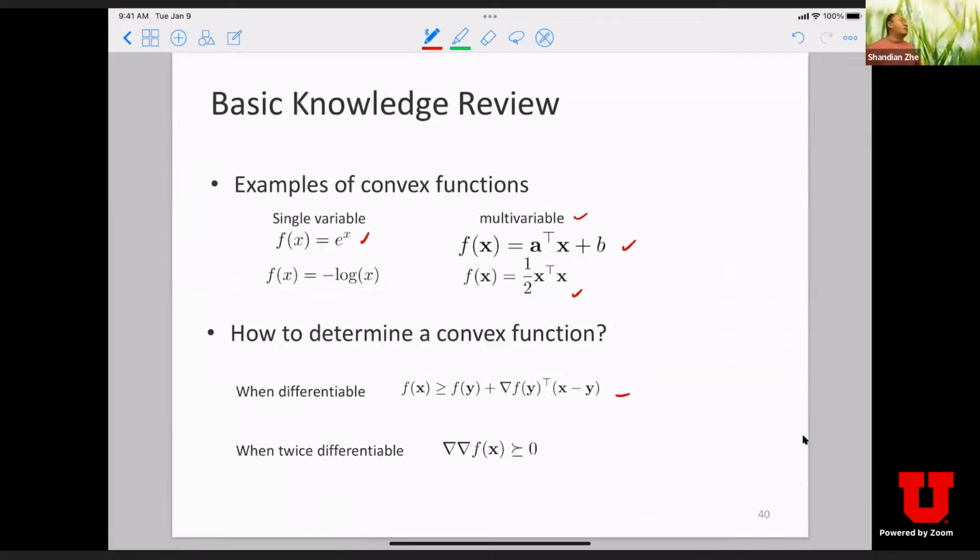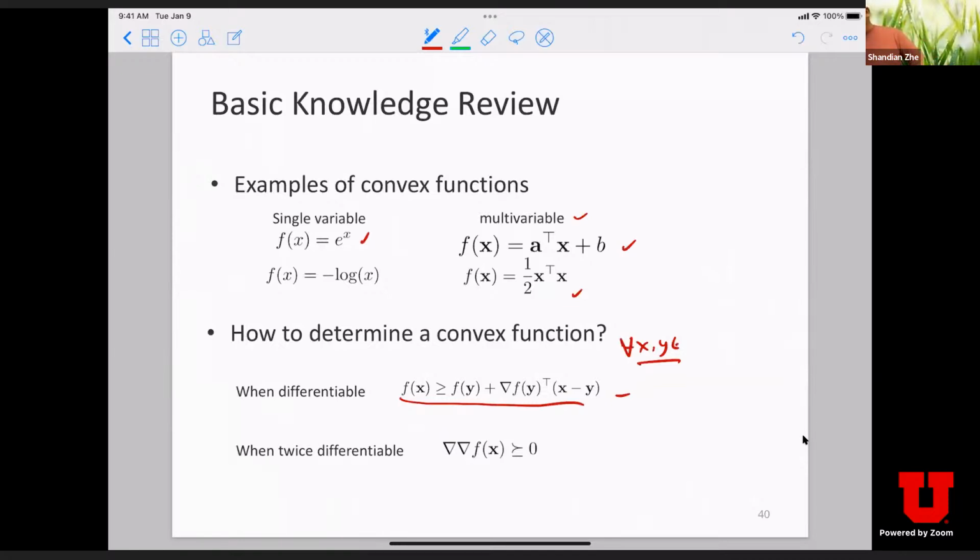If the function itself is differentiable, then for any x, y in your domain, if this inequality is satisfied, then f is a convex function. So let us see what this means, right?